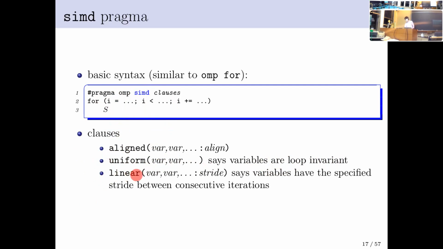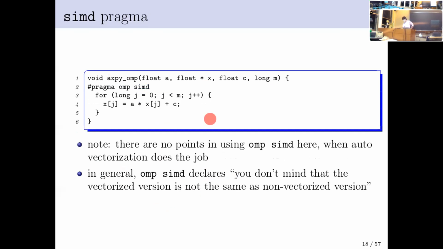And linear says these variables increment by the stride you specify here from one iteration to the next. For example, if you say linear x colon 1, then it tells the compiler that x will be incremented every single iteration by 1. So this helps the compiler vectorize a particular loop.